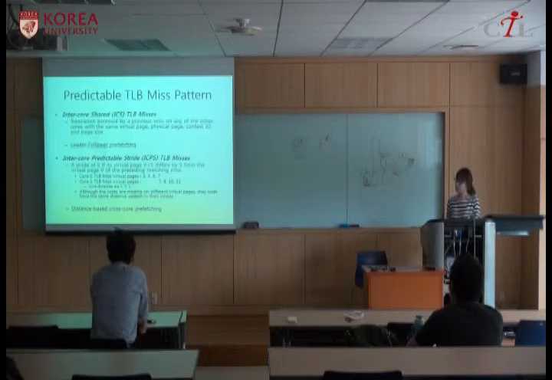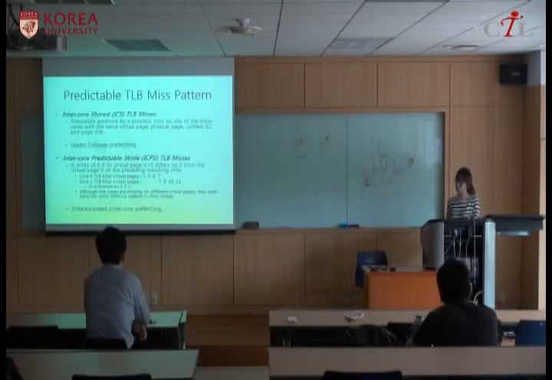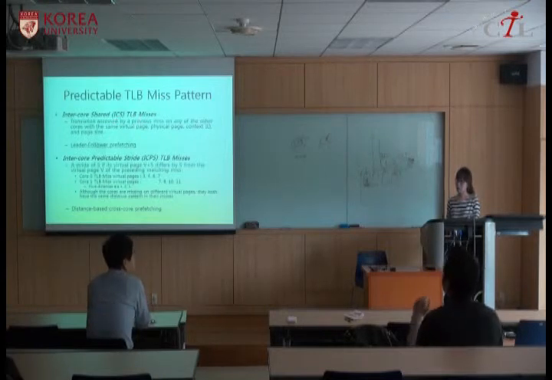And they can do prefetching for both. For the first one, if you process the first miss, then the second will be covered automatically, because it is the same entry. If one core is handling the miss, the other core's miss will be handled automatically.